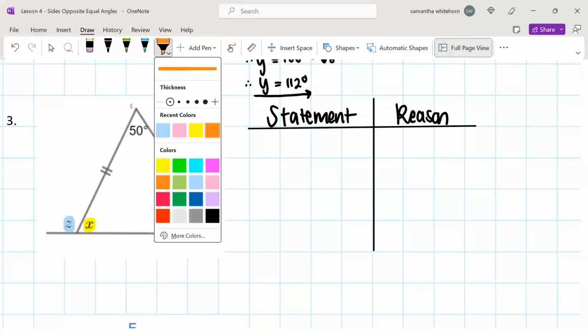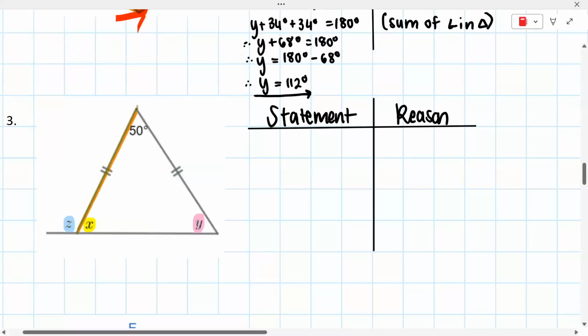Grade 8, just be mindful of the fact that these are your equal sides here. So please be very careful that you are using the correct equal sides in your triangle.